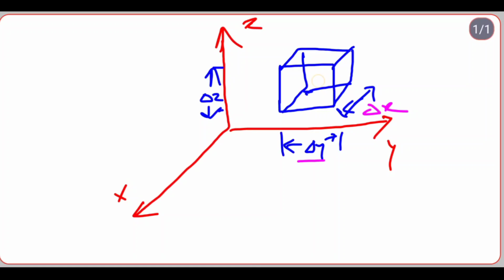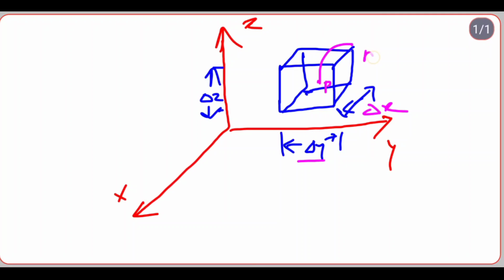Here we are applying the Gauss law. A point P is located in the differential volume element. Consider a Cartesian coordinate system and a point P in it such that the electric flux density at point P is given by D bar equal to D naught.